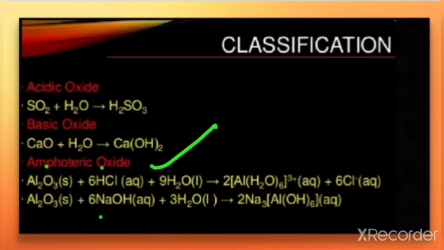The reaction of Al2O3 with HCl is given here. It results in the formation of a complex, and with a base it also gives rise to the formation of a complex. So this equation shows that Al2O3 acts as both acid as well as base. Such oxides which have both acidic and basic character are called amphoteric oxides. Example: Al2O3.